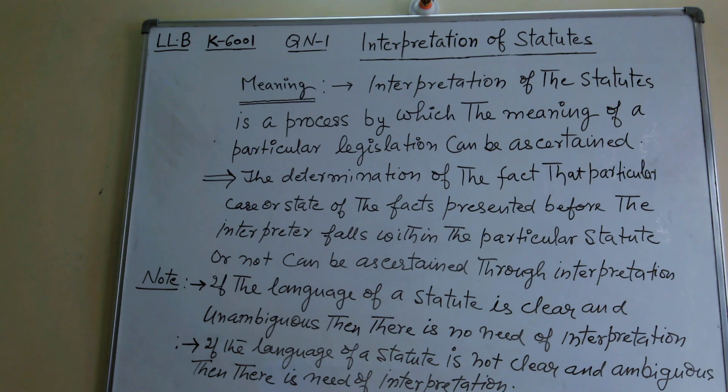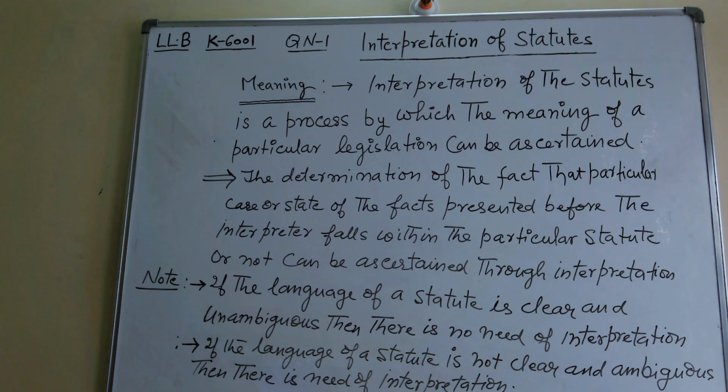First point, the interpretation of a statute is a process by which the intention of the legislature can be ascertained. Second point, such intention can be traced through the medium of the authoritative form in which it has been expressed by the legislature.